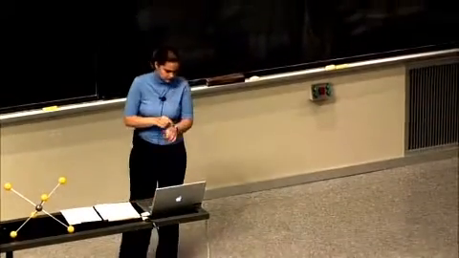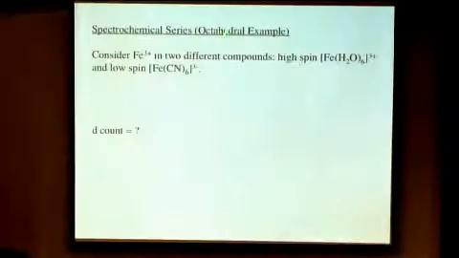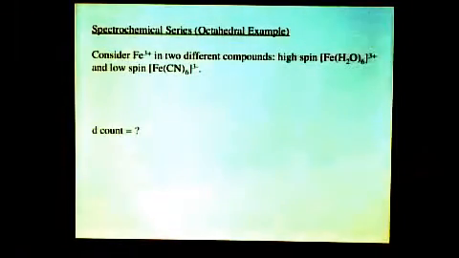So let's take a look at some examples. We talked about iron before in complexes, and now we can consider two cases where we have iron plus 3, so the same metal in the same oxidation state, but with different ligands. In one case, you have a high spin system with 6 water ligands, and in the other, a low spin system with 6 cyanide ligands.